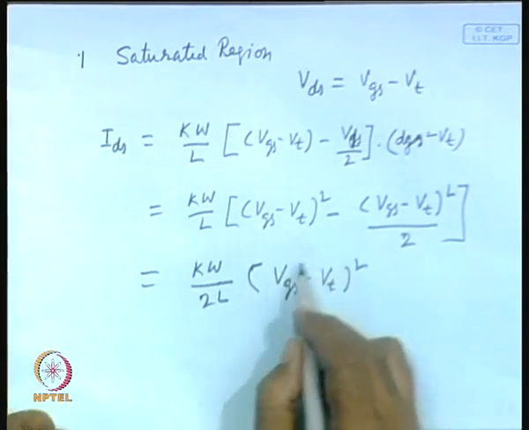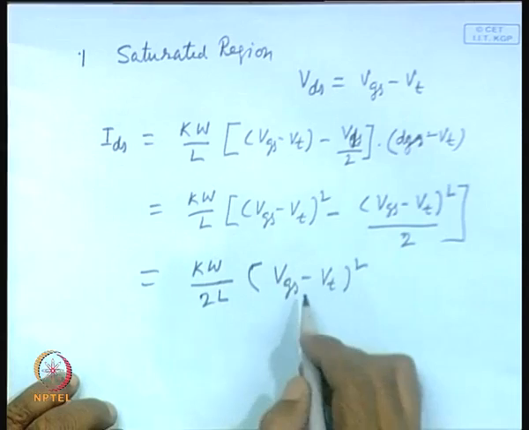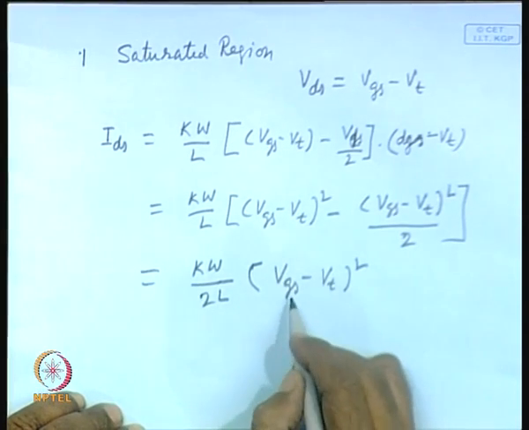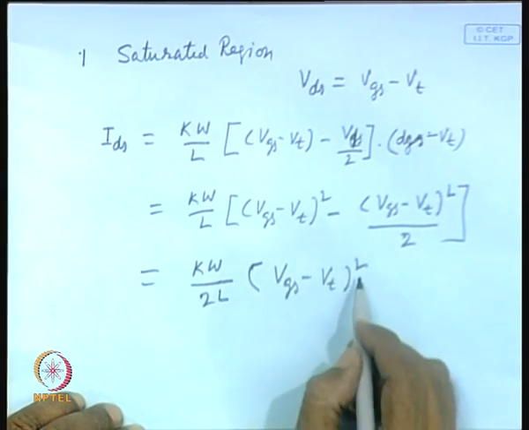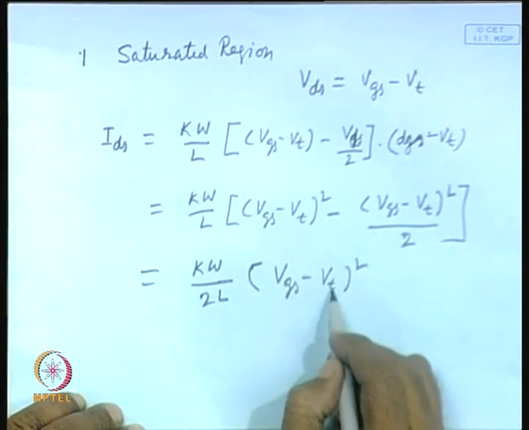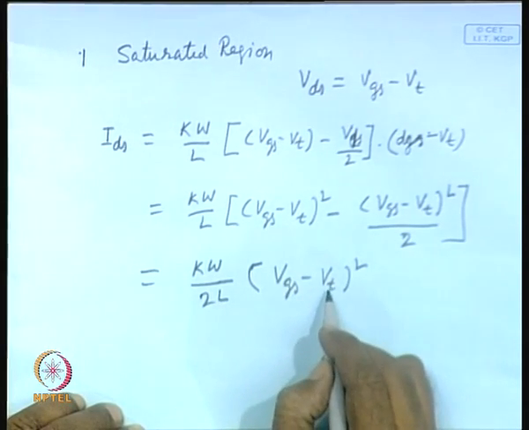Here indeed we find an expression that is independent of the drain voltage, but there is a square law dependence on VGS minus VT. That means this saturation current will increase as a square law as the gate voltage is increased. So, that is proportional to (VGS minus VT) square.